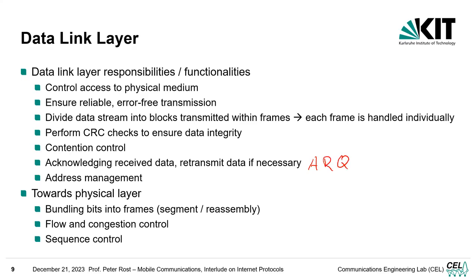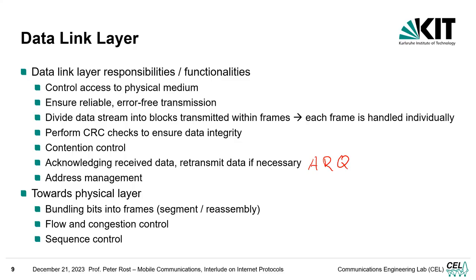In wireless networks, you often also have so-called hybrid ARQ. This is used so that if data was not successfully received, you retransmit at least part of the data and then combine these transmissions at the receiver in order to eventually decode the data. That's extremely important for reliable connections.